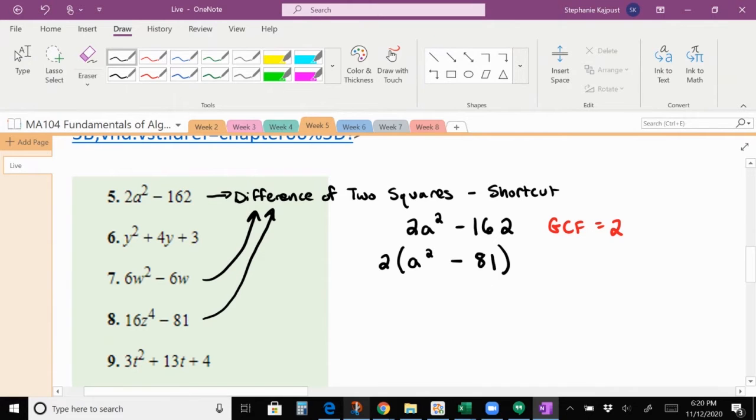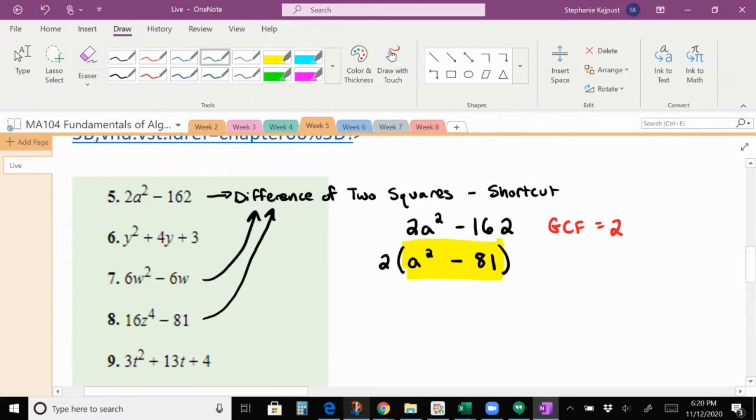But it's not done, is it? Correct. It's not done, because now this is the difference of 2 squares that we need to then factor. And that's where you want to learn the shortcut for the difference of 2 squares. So if you have something of the form, let's say x squared minus y squared, it's something squared minus something else squared.